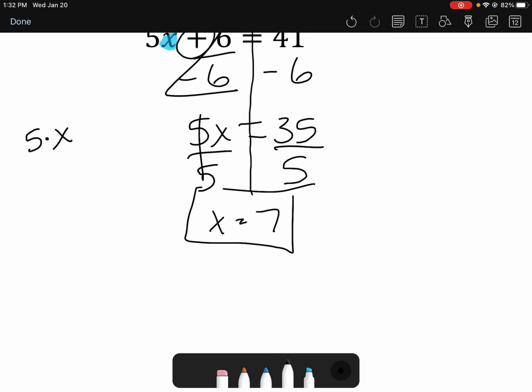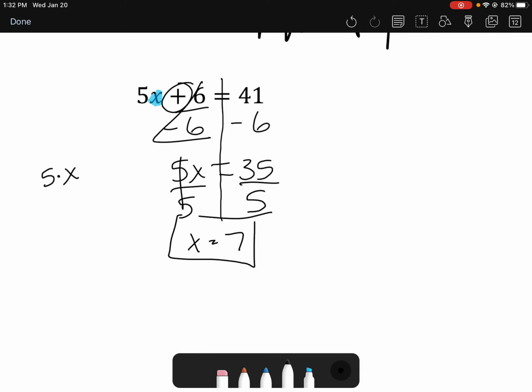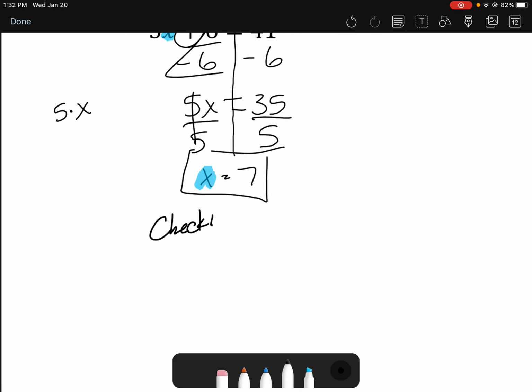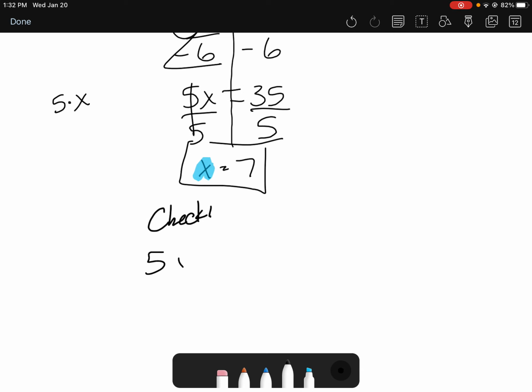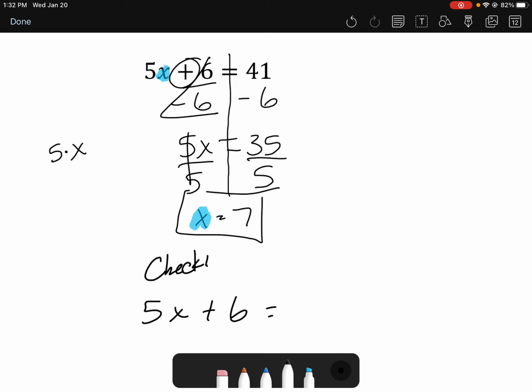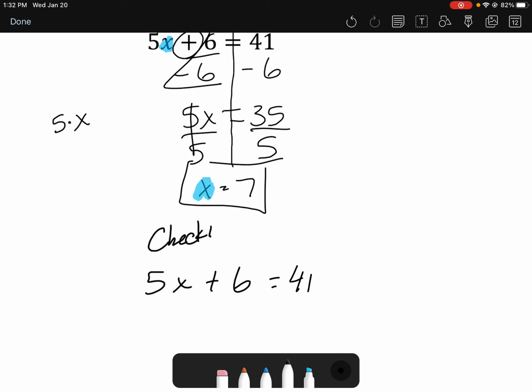However, I need to make sure that that is the correct answer. So I'm going to take my variable and replace it with 7. So up here I have 5x plus 6 is equal to 41. Again, I'm just going to replace this x with a 7.